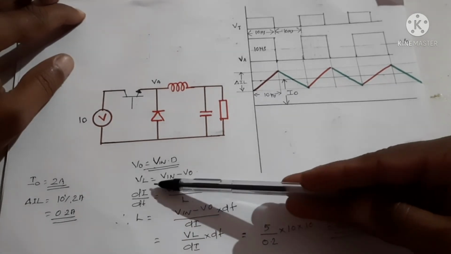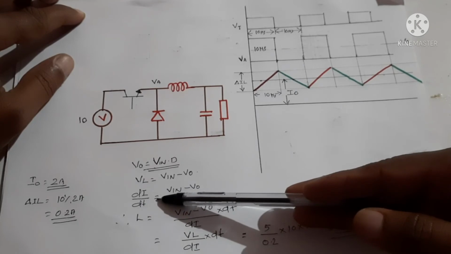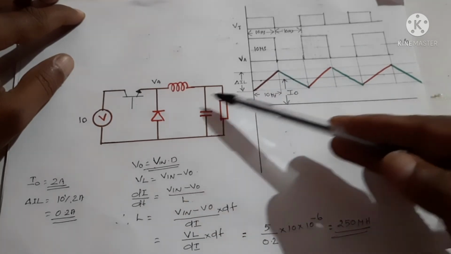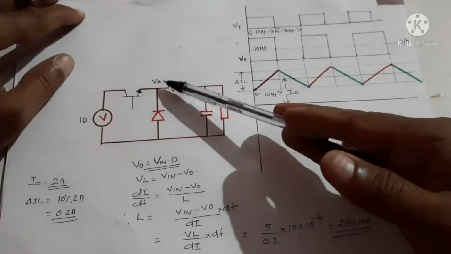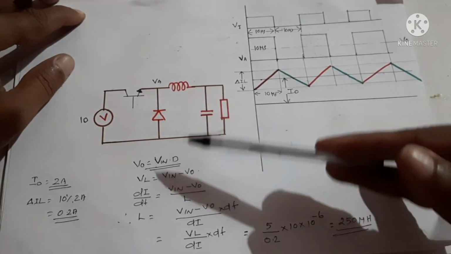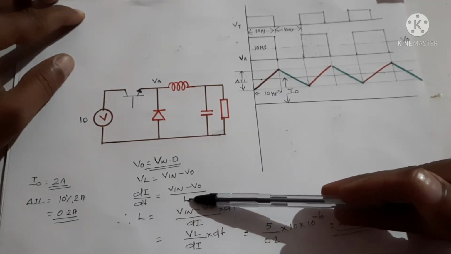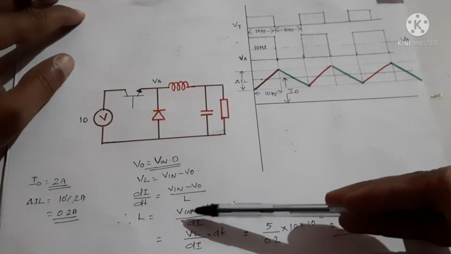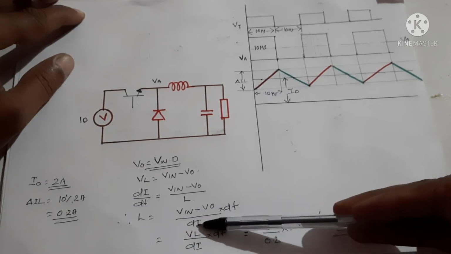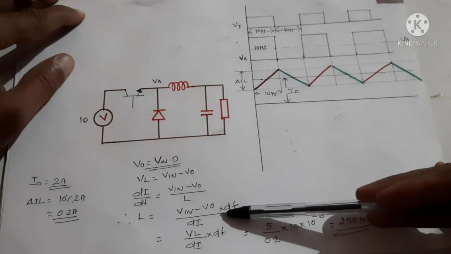Now in order to get the rate of change of current, di by dt is given by the voltage across the inductor divided by the inductance. The voltage across the inductor is Vin, 10 volts minus 5 volt, that is 5 volt, divided by inductance. We are going to calculate the value of the inductance. So the value of the inductance will be Vin minus V0, that is 5 volt, divided by di, the change in current, into dt.